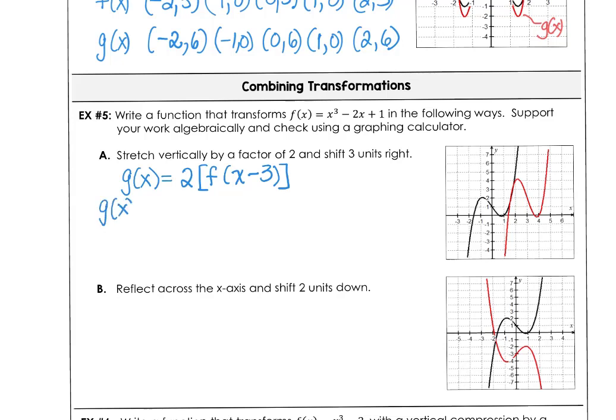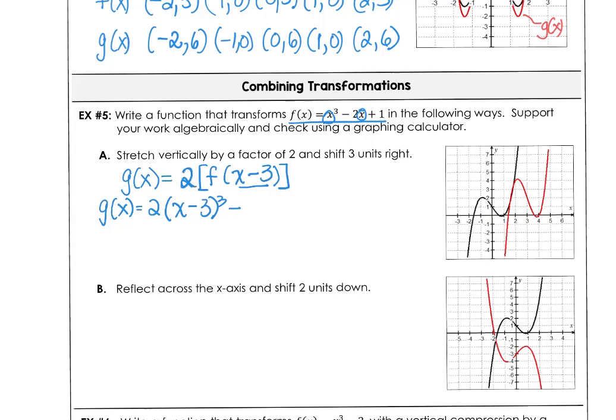So showing that algebraically, we want to take 2 times x minus 3 cubed, because I'm looking up here, and everywhere there's an x, I'm replacing that x with x minus 3. And then we want to do 2 times 2, because remember the 2 is in the front.